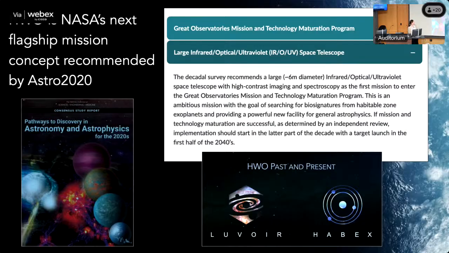They determined from a large amount of community input, including 2 mission concept studies, LUVOIR and HabEx, that HWO should be NASA Astrophysics' next flagship mission after Roman. A large infrared optical ultraviolet space telescope with high contrast imaging and spectroscopy, with the goal of searching for biosignatures from the habitable zones of exoplanets and providing a powerful new facility for general astrophysics. That means everything we do.